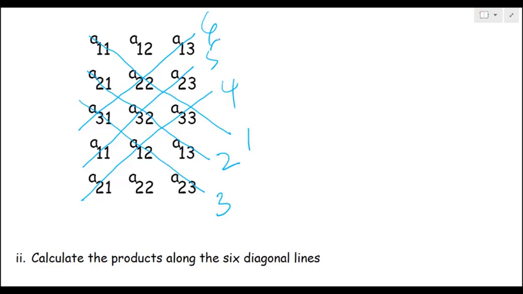In the 6 diagonals that we have created, we are going to calculate the products, which will be given by, for diagonal 1, A11 multiplied by A22 multiplied by A33.